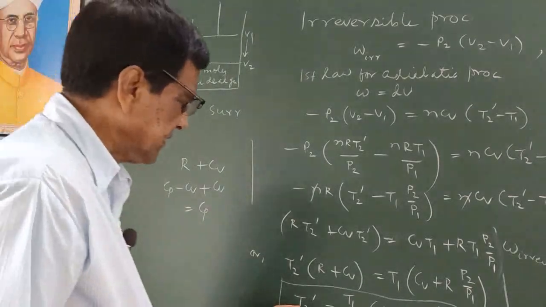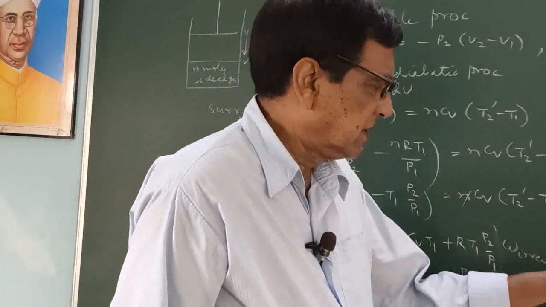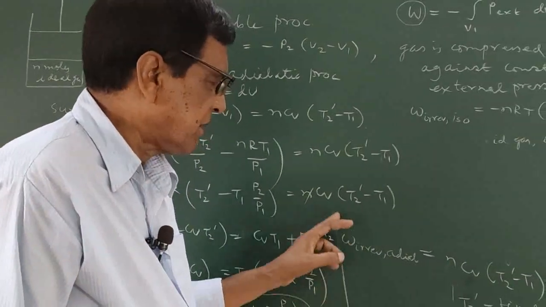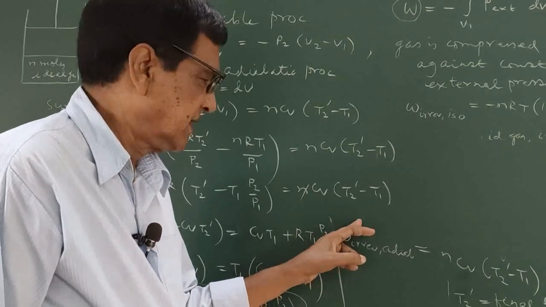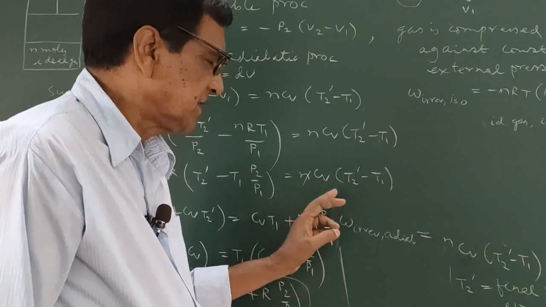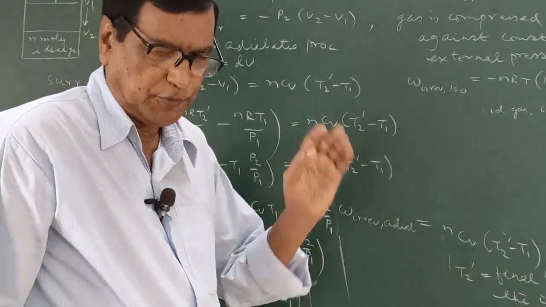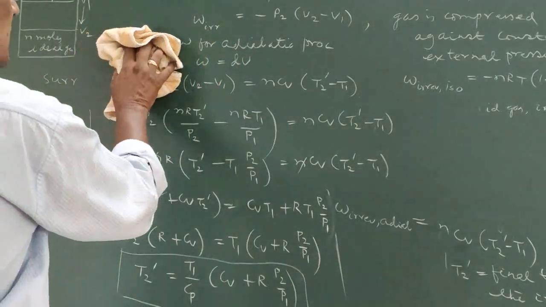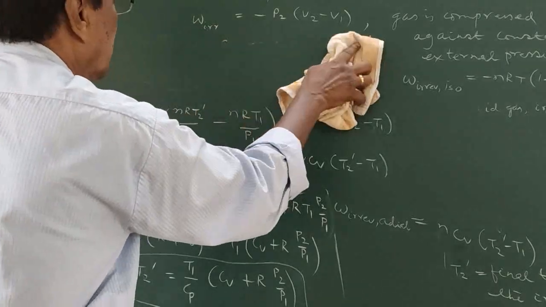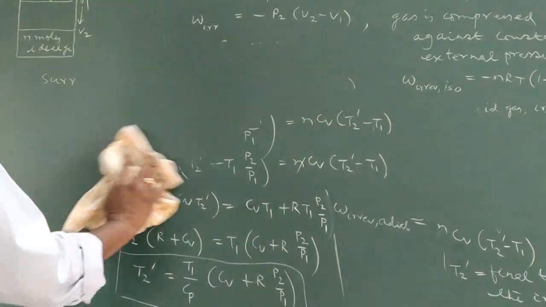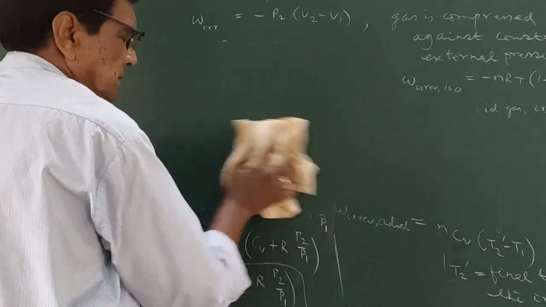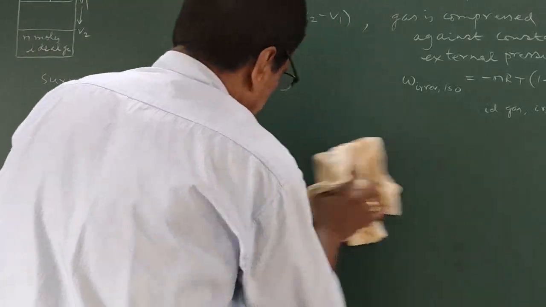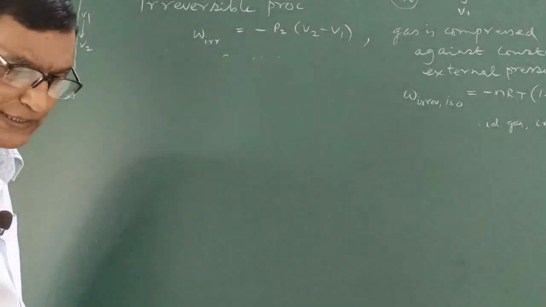And whenever this T2 is put here, then we shall get this amount of mechanical work involved in this irreversible adiabatic process. Now I shall find out what will be the amount of work in an irreversible cyclic process.